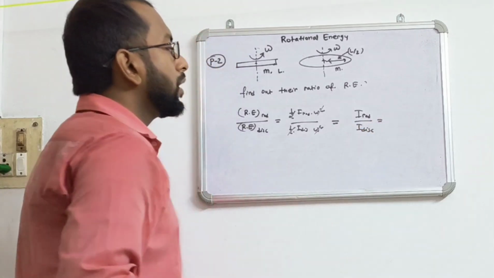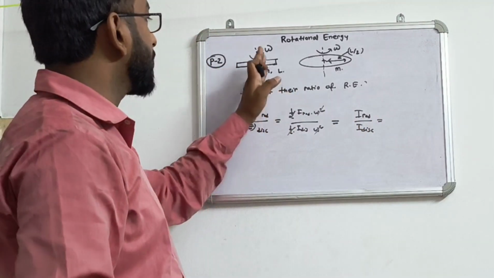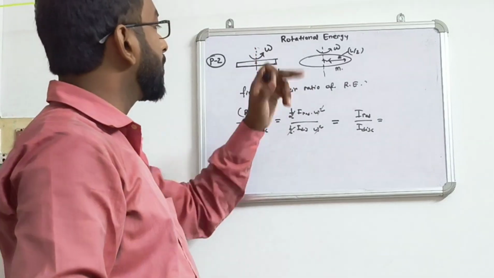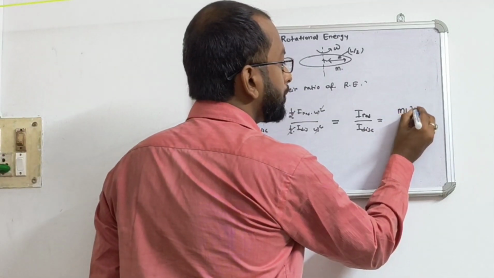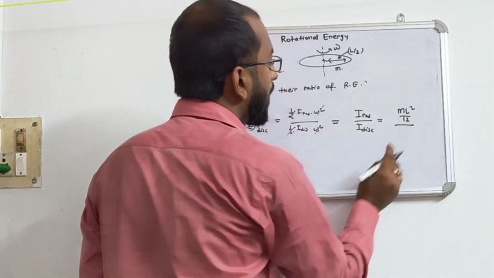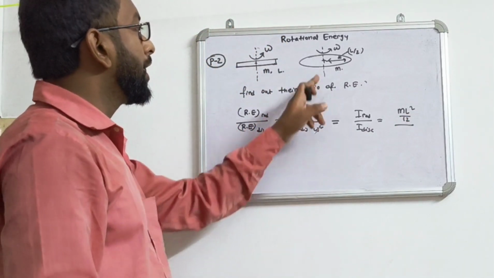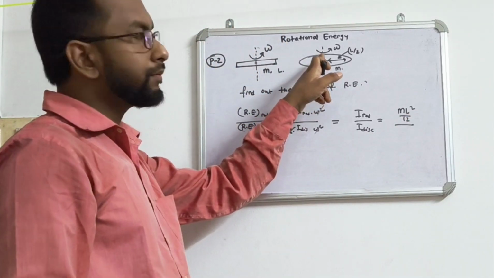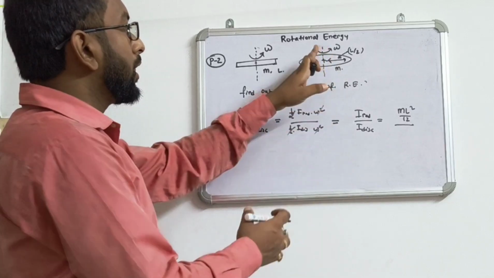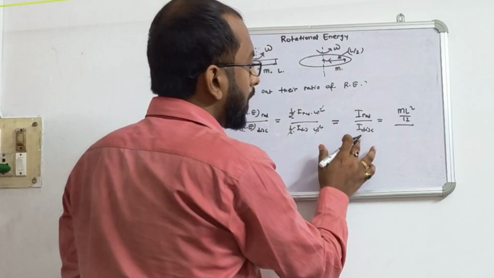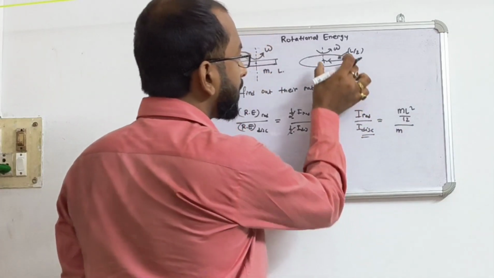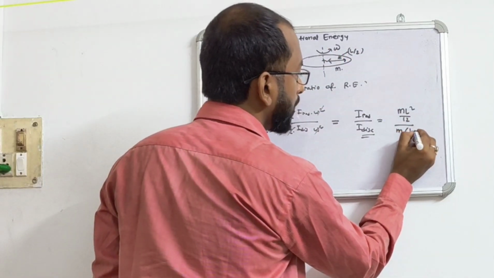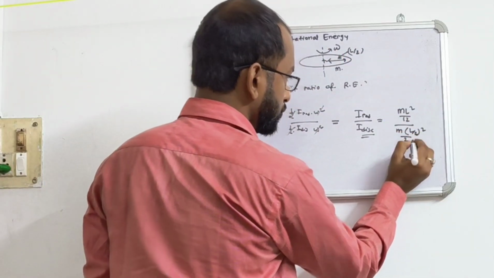Now what is the moment of inertia for this rod if it is rotating with respect to its center of mass at the middle point? M into L square by 12. For the disc, it is rotating with respect to the middle point and the axis is perpendicular, so the moment of inertia of the disc is m r square by 2, but here r is given as L by 2, so m into L by 2 square by 2.